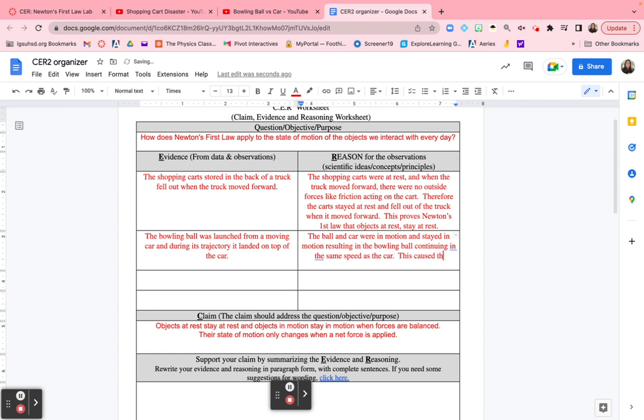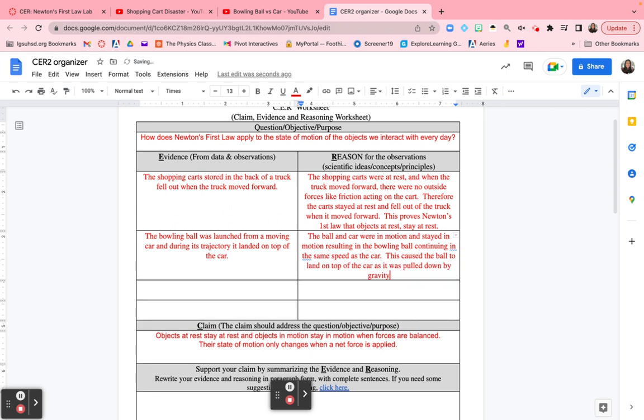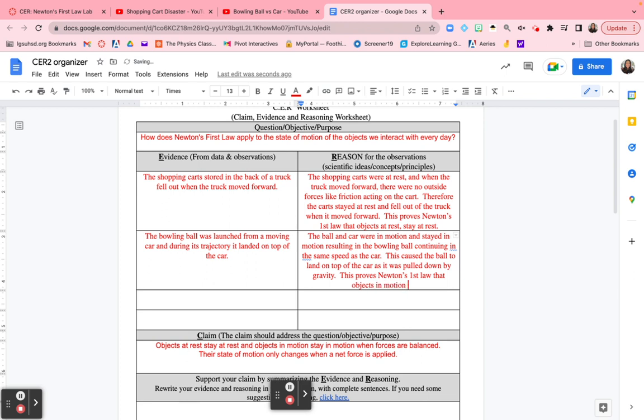This caused the ball to land on top of the car as it was pulled down by gravity. I always like to close it with, this proves Newton's first law that objects in motion stay in motion.